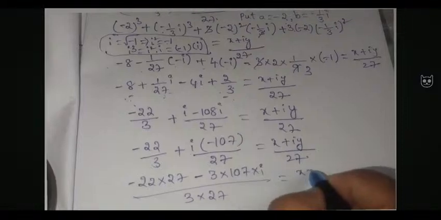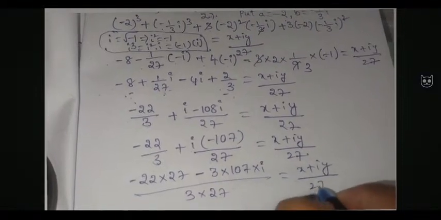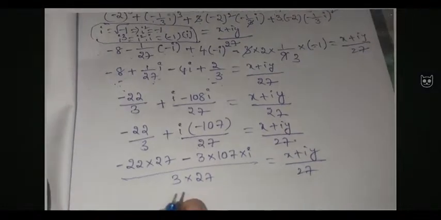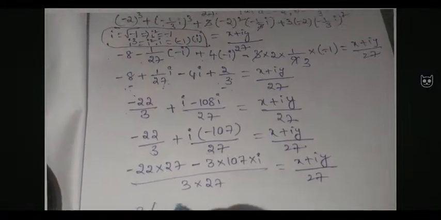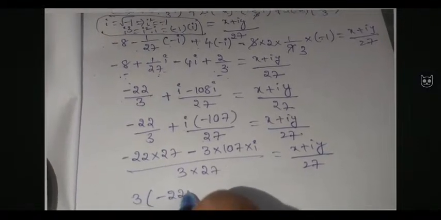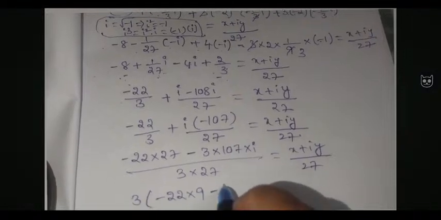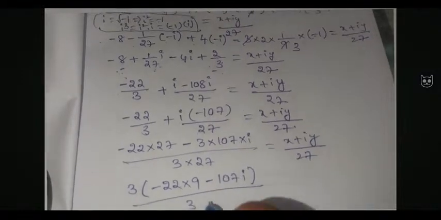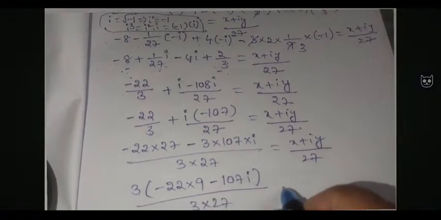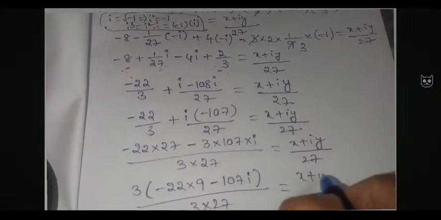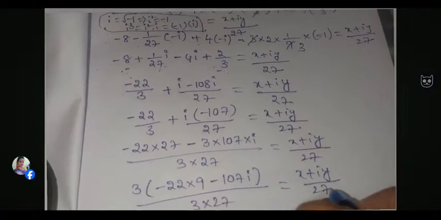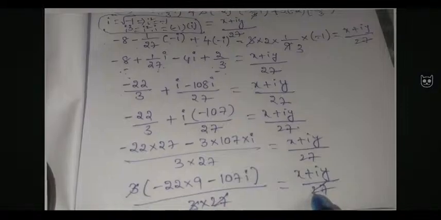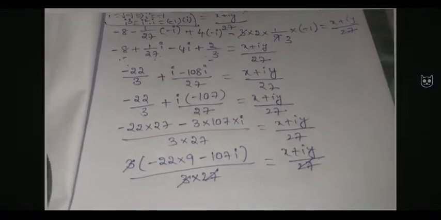Here 3 is common, so taking 3 common, we get minus 22 into 9 minus 107i divided by 3 into 27. So the 3 cancels and the 27 cancels.